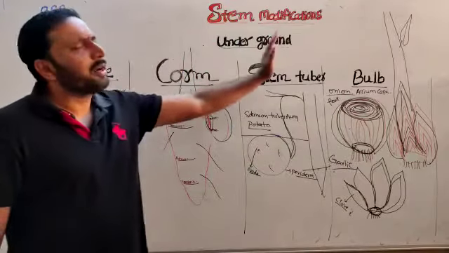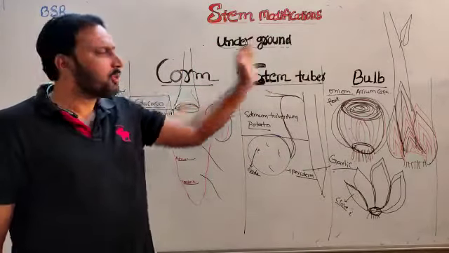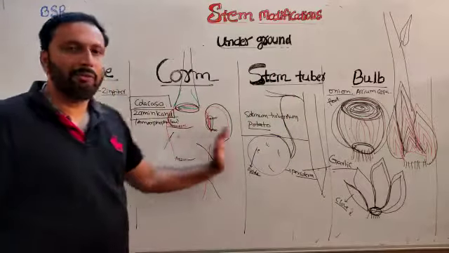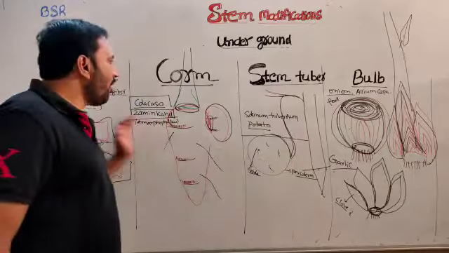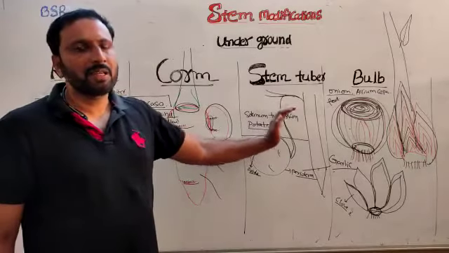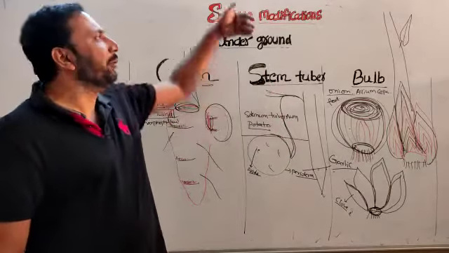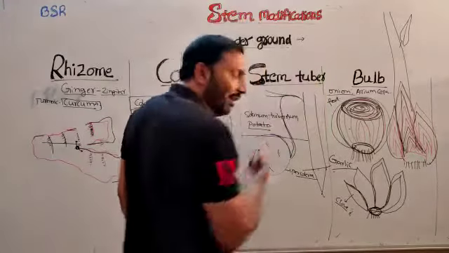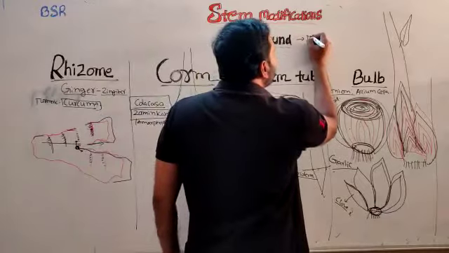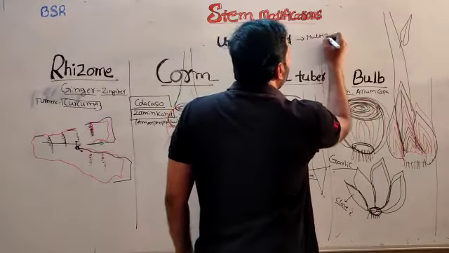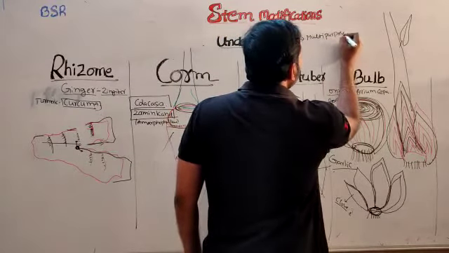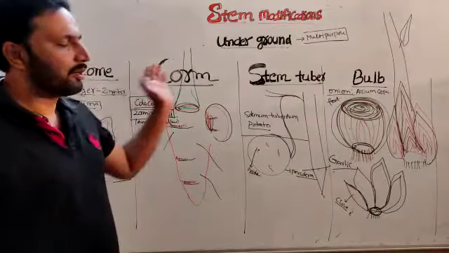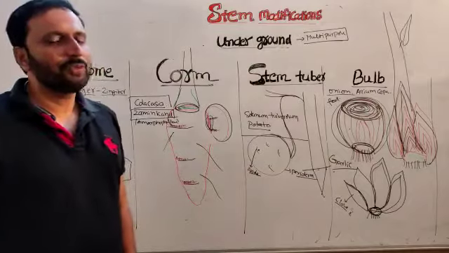All underground stem modifications generally store food materials and are also helpful for vegetative propagation. They also generally protect from herbivorous animals. Hence, these underground stem modifications are called multi-purpose stem modifications. So these are underground stem modifications. Thank you to all.